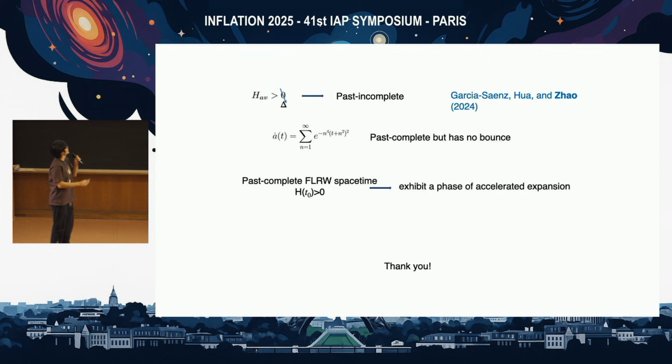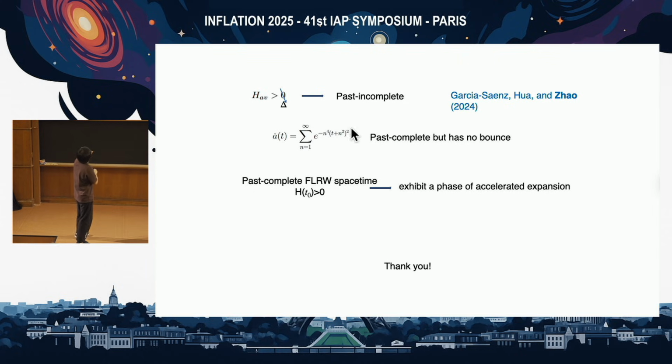Our work tries to find a way to solve this loophole of the BGV theorem. We change the criterion for path incompleteness to the average of H being greater than an arbitrarily small number delta rather than 0.